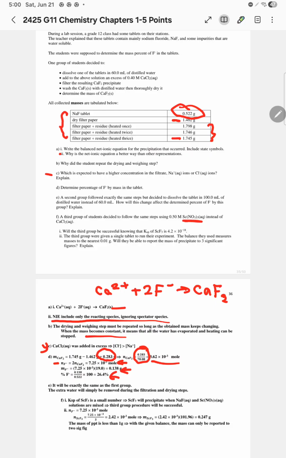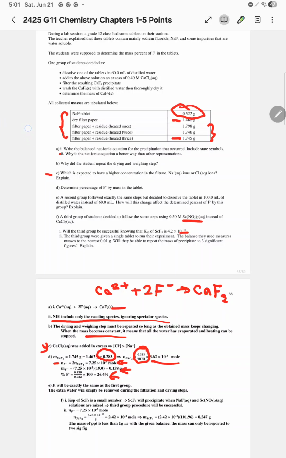If you have a small Ksp, it's very insoluble. What's written here in the answer is the solubility product, 10 to the power negative 18, a very small number. So ScF3 cannot mix, it's insoluble. It will precipitate whenever NaF and ScNO3 are mixed. So the third group's procedure will be successful, there will be a precipitate. So yeah.